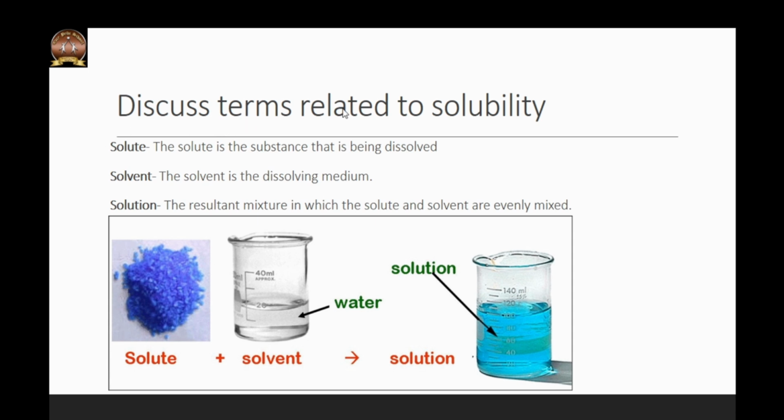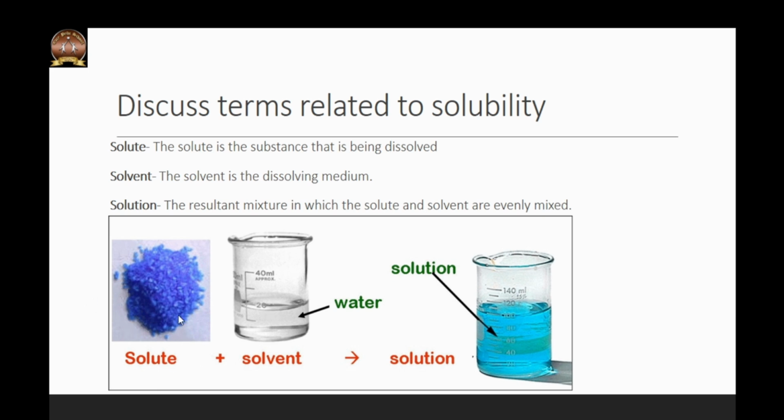Now let's discuss some terms related to solubility. When you mix the blue crystals of copper sulfate in water, a blue colored solution is formed. The substance that distributes itself in the space between the molecules of another substance is called a solute.